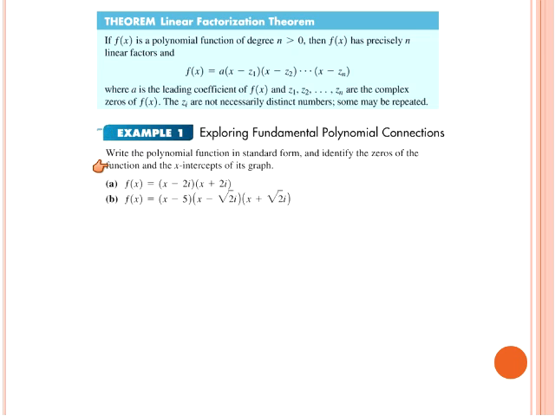All right, with example 1 though, it says to write the polynomial function in standard form and identify the zeros of the function and the x-intercepts of the graph. Now this is different because when it says identify zeros and x-intercepts, zeros are obviously, we always heard of where it crosses the x-axis, but now in our case, zeros also include your complex numbers.